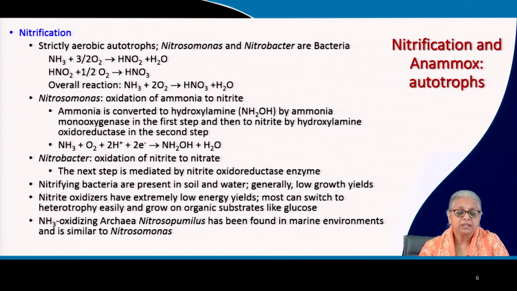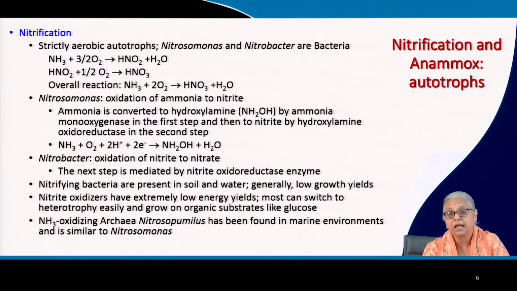Okay. Now these nitrifying bacteria together are responsible for completing the complete oxidation of nitrogen containing compounds. These nitrifying bacteria are present in soil, in water, and several other environments.